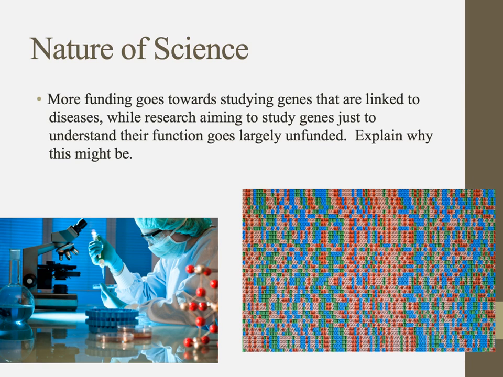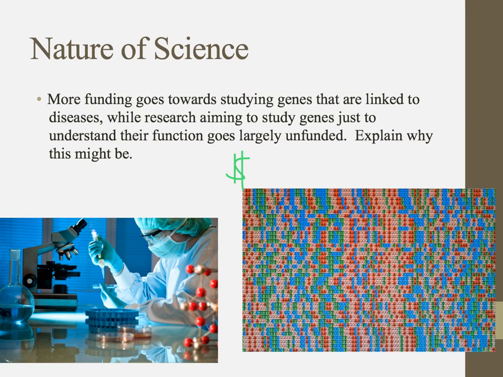Now, it's really important that we understand where these genetic diseases arise from, okay? And so a lot of funding goes into searching through our entire genome for those genetic diseases. However, studies that are just trying to understand the functions of other genes not related to diseases largely go unfunded. And that's all because of money.